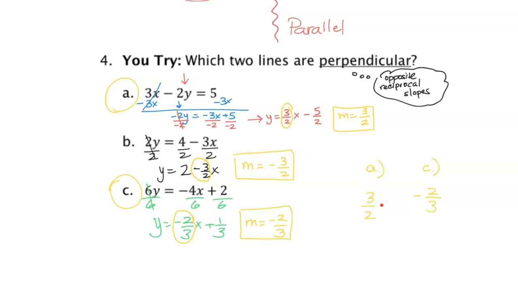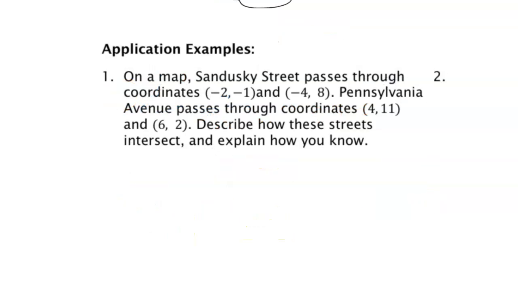So one was a positive fraction, 3 over 2. The other one is a -2 over 3. Then you have your 3 over 2 versus your 2 over 3. So they are also reciprocals. So A and C are your two answers.